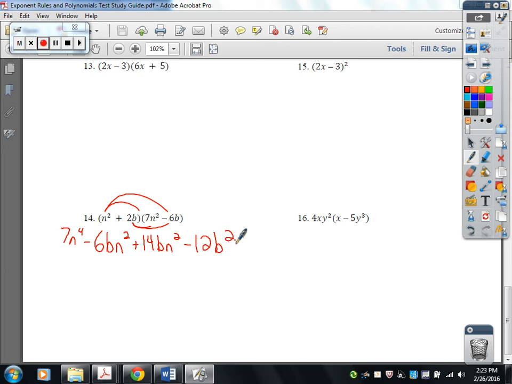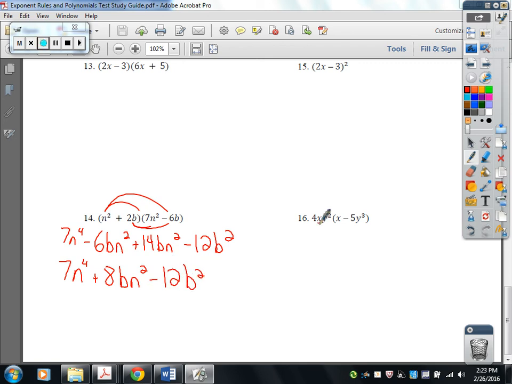Combining like terms, can't do anything with 7n to the fourth. So 7n to the fourth. And then I'm going to combine these two to get positive 8bn squared, and then bring down minus 12b squared.